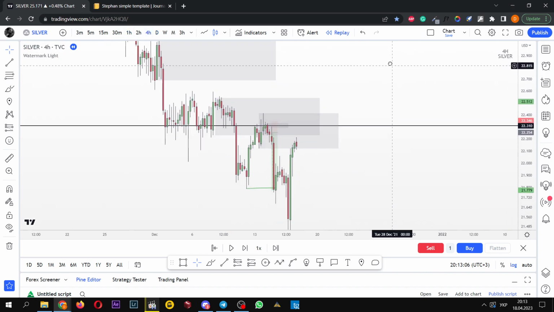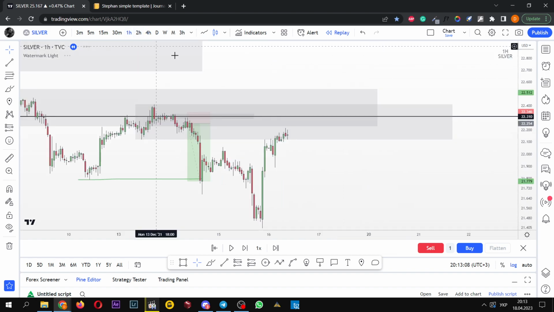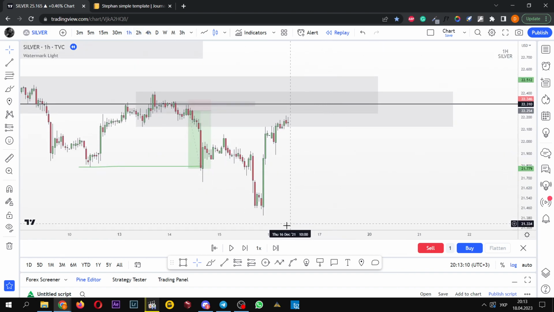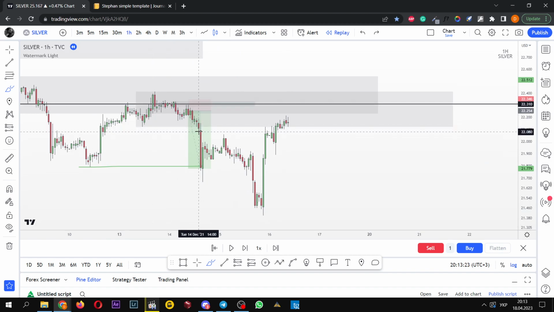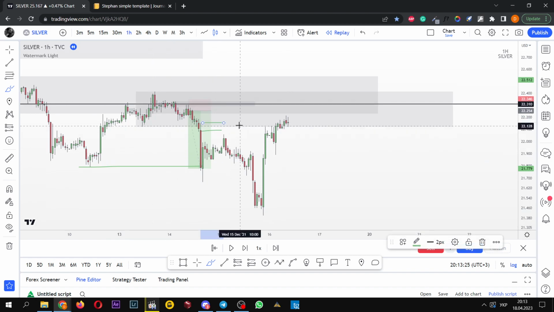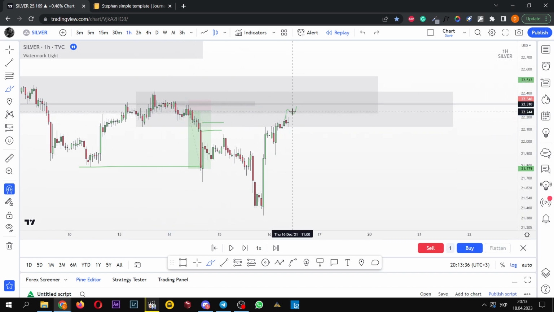However, what I don't like about shorting from here is that we are moving structurally with 2 shifts already on 1 hour, and more importantly, as you can see, this part was the last unmitigated part. So now if the price will be here, what is the reason for it to be here? Everything is mitigated, plus we are overextended structurally.